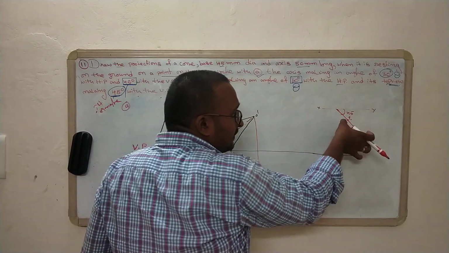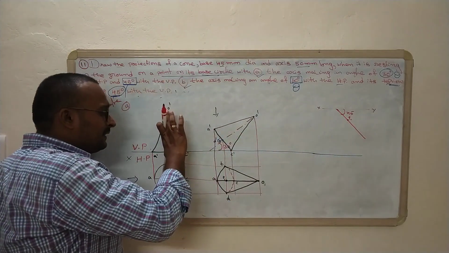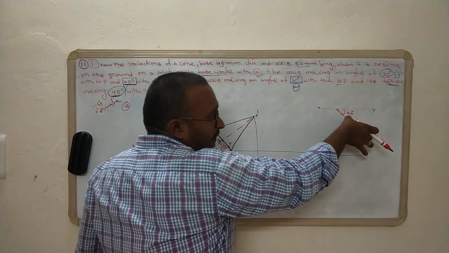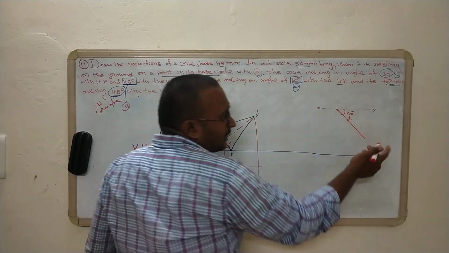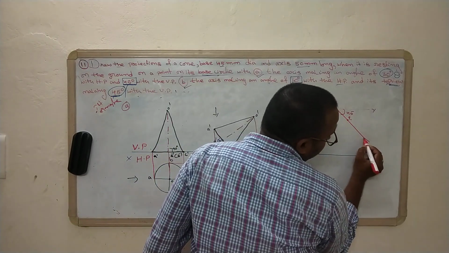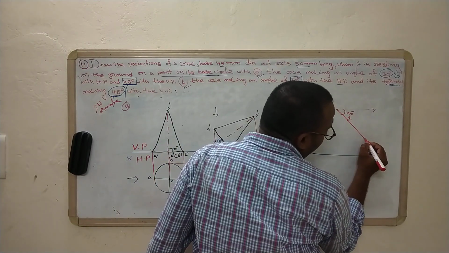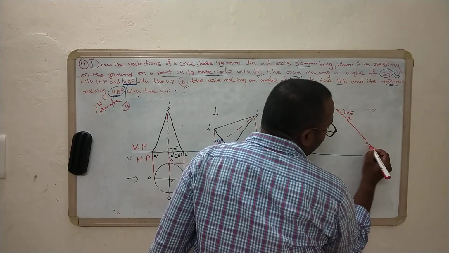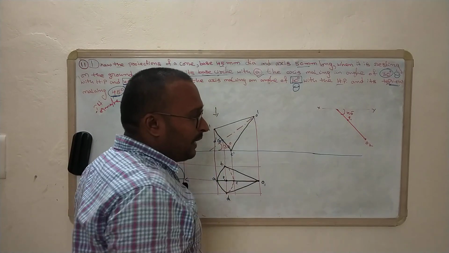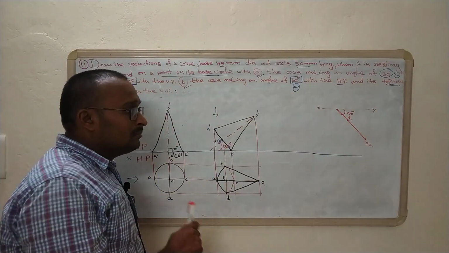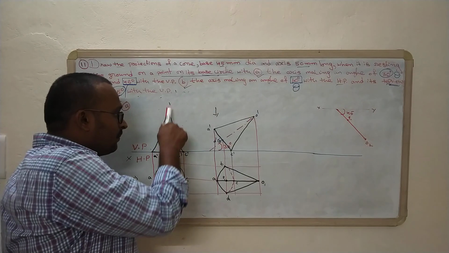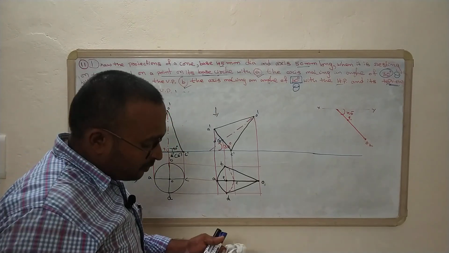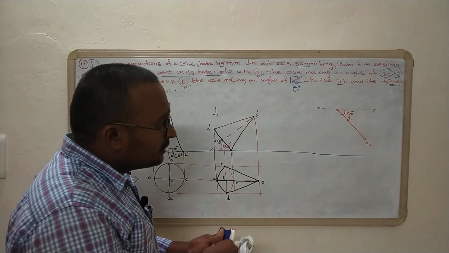Then take the total axis height, which is equal to 50 mm. With P1 as center, cut an arc onto the same, it is equal to P1O2. In the inclined to both planes problem, here it is the PO line, let us say P1O1 line. So P1O2, this is the true length.